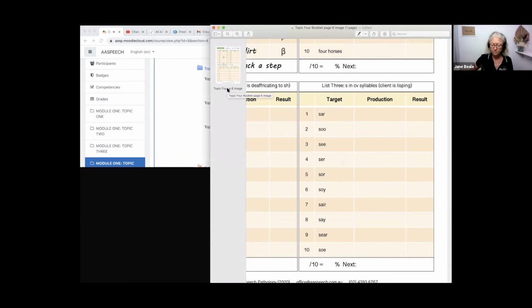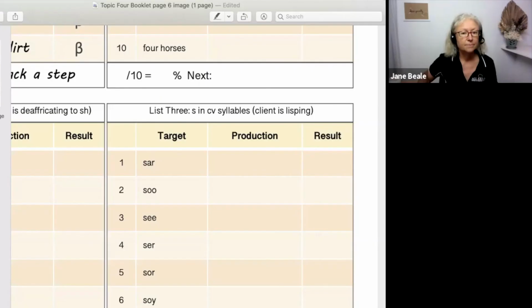List 3 on page 6 of the topic 4 booklet. In CV syllables, and the client is lisping. So the client is making a sound like the TH, voiceless. 1. Sa. 2. Sue. 3. Fee. 4.